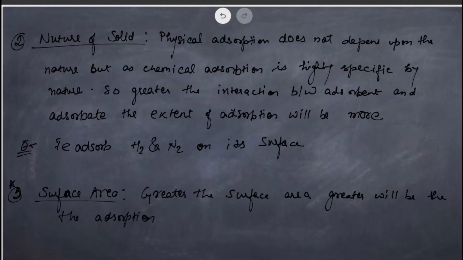Like I have this small surface and this big surface. So the extent of absorption here is more than on this surface. Here more and here less. Okay.